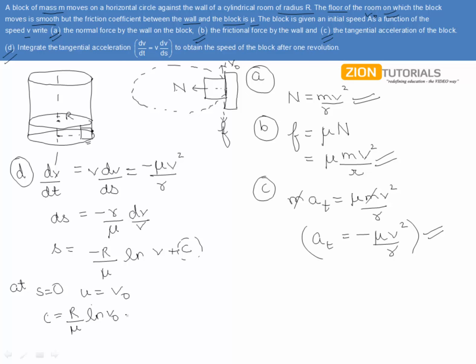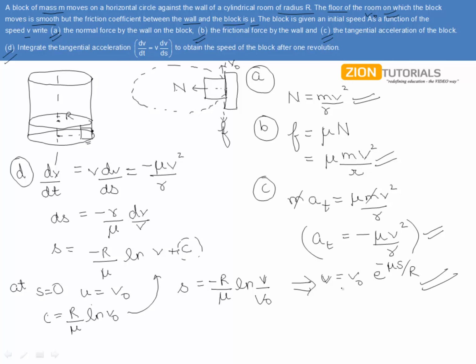Putting this value in the equation, we can write s equals minus r by mu ln v over v0, giving us the velocity v equals initial velocity v0 e to the power minus mu s over r.